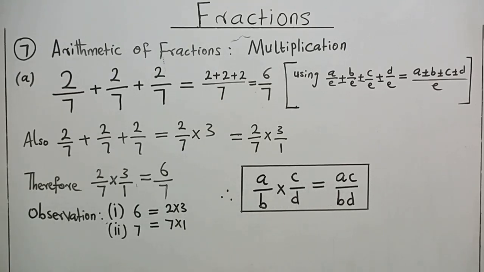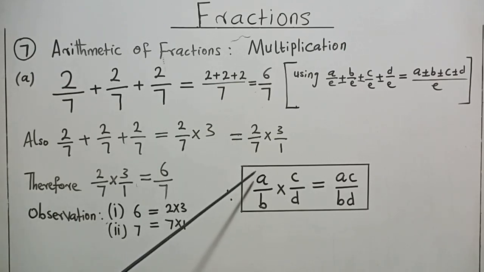In words, when we multiply fractions to get the value of the new fraction which will come as a result, just multiply the numerators and write it as the numerator of the new fraction formed. Then come back and multiply the denominators and write the result as the denominator of the new fraction.